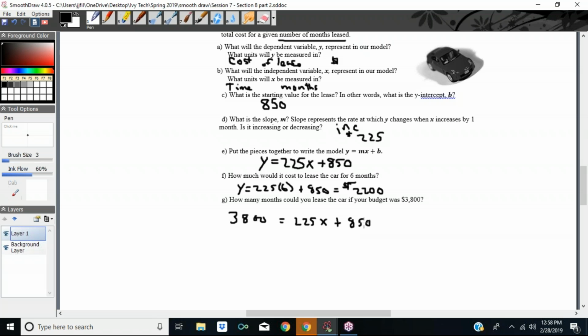So if we have $3,800 in our pocket, we have to give them $850 up front just to have the opportunity. We're going to subtract $850 from the $3,800, and then we can divide the rest by 225.